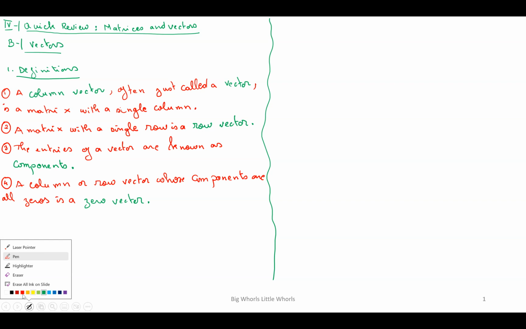Okay, let me give a small note here. Note: a vector is denoted, compared to a matrix, by a lowercase Roman letter or even Greek letters, overlined with an arrow, or sometimes people use boldface.